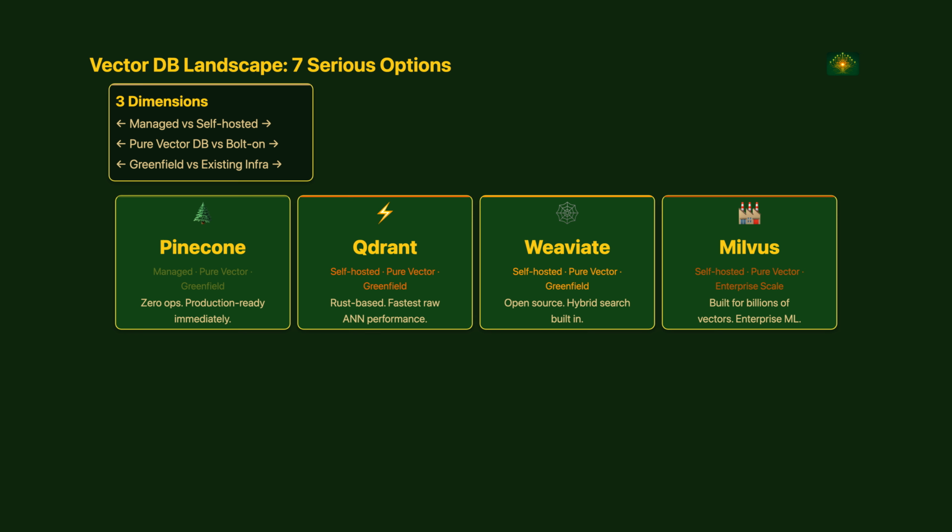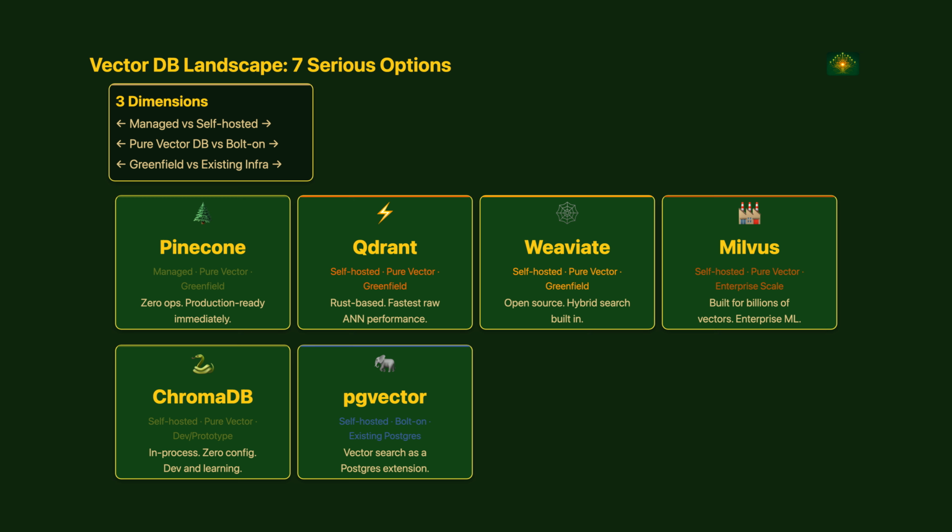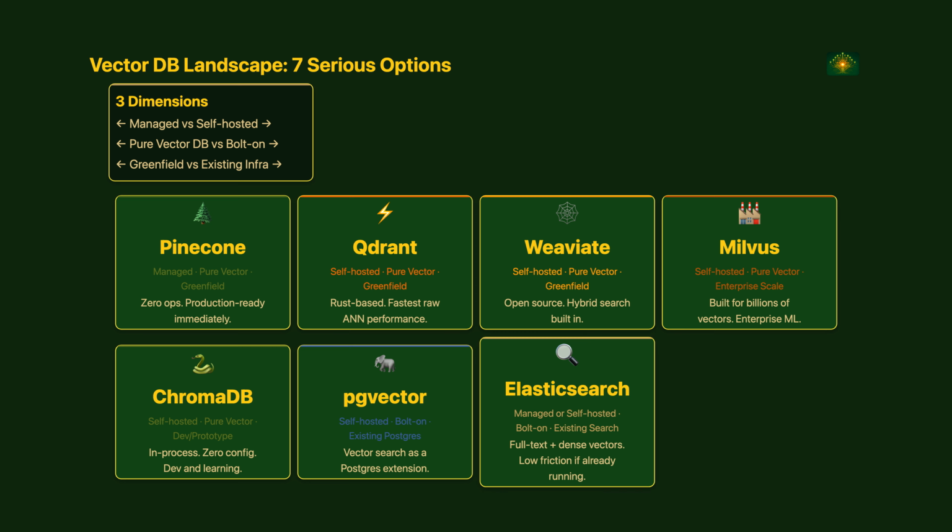Milvus, built for billions of vectors, serious ML infrastructure. ChromaDB, embedded, zero config, runs inside your Python process. pgvector, vector search as a Postgres extension, no new service. Elasticsearch, full text search that added dense vector support. If you're already running it, adding vectors is low friction.